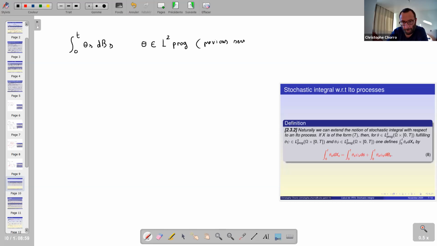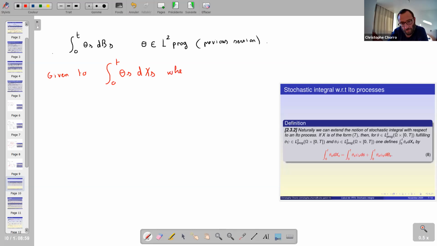My idea now is that I want to give sense to this one. So I want to give sense to the integral between 0 and t of theta of s, but instead of having the Brownian motion, I want my Ito process.